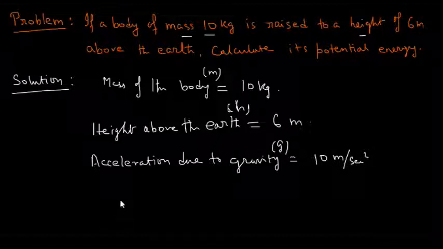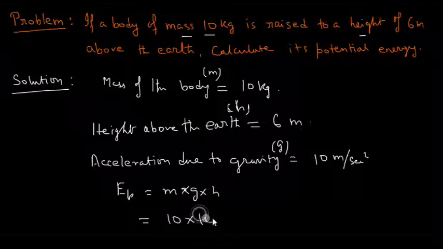Now potential energy EP is equal to m multiplied by g multiplied by h. Put all the given values: 10 kg into 10 meter per second square into 6, that is 600 joule.